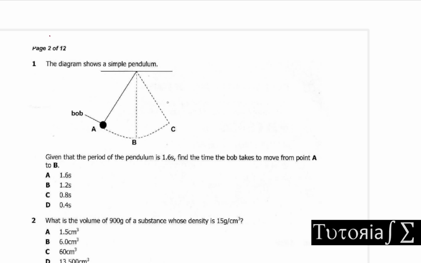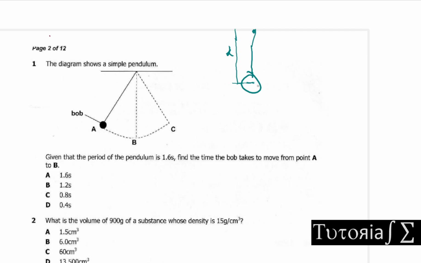What you should know about pendulums is that the length of the wire is measured from the midsection of the bob to where it is tied there. So that is how we measure the length of the wire. So it's from the midsection.